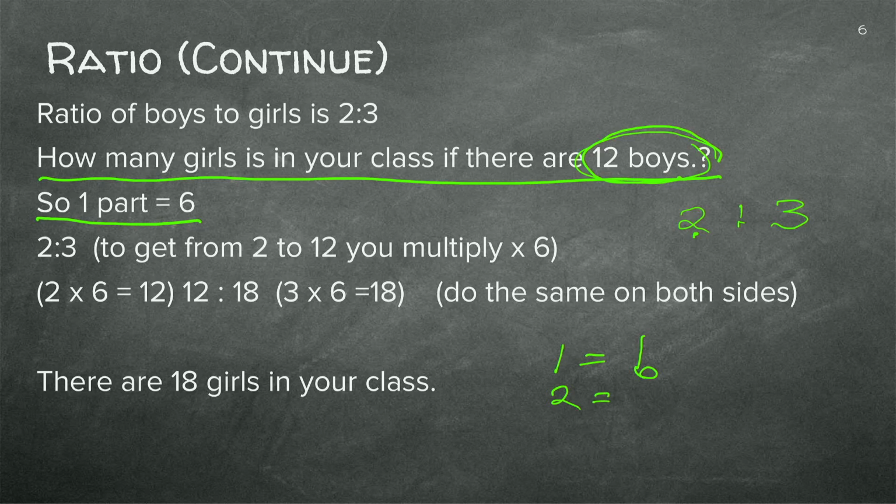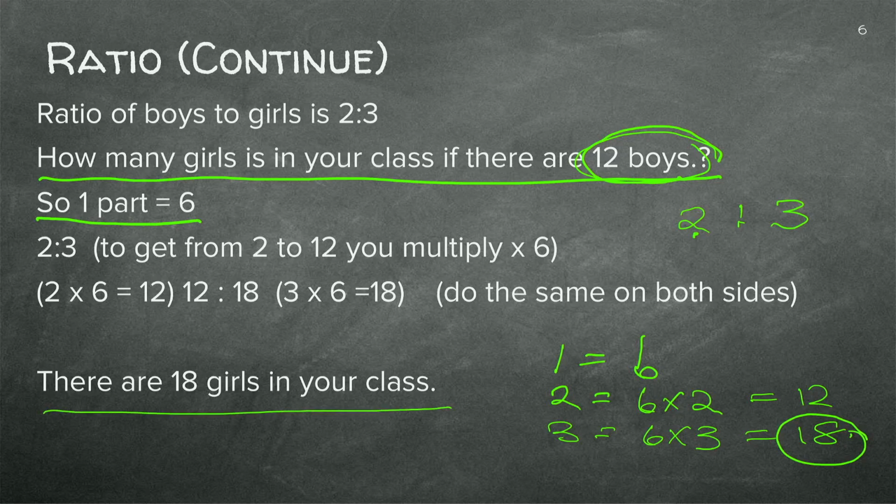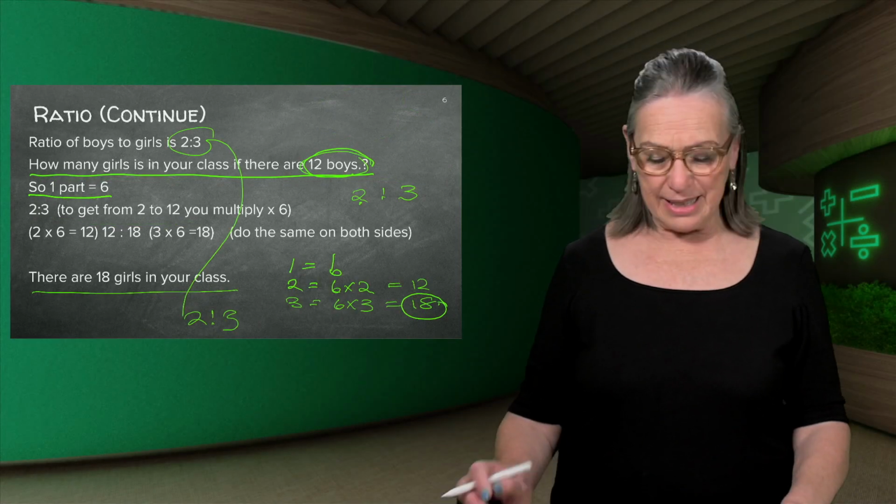So 2 parts then equals 6 times 2, and 3 parts equals 6 times 3. So there we've got 12, and there we've got 18. So we will have 18 girls in our class because the ratio, if you see there, is 2 to 3.